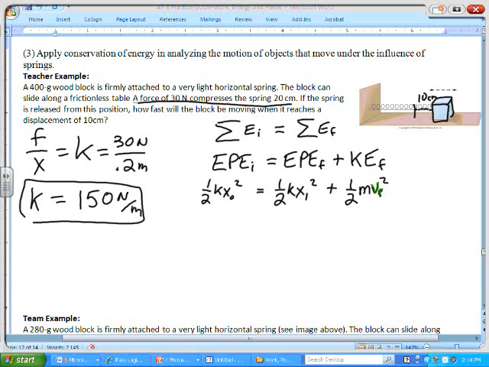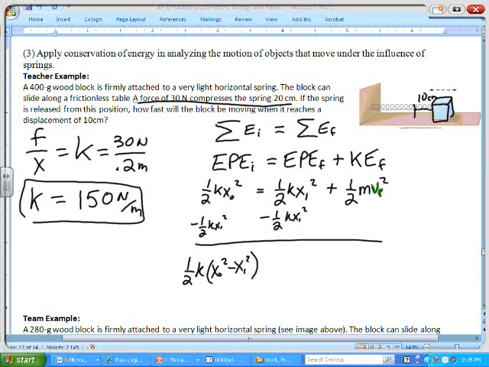That means we should do some algebraic rearranging of the rest of our terms. So I'm going to subtract 1/2 k x1 squared from both sides, and I get 1/2 k times (x naught squared minus x1 squared) equals 1/2 m v final squared.